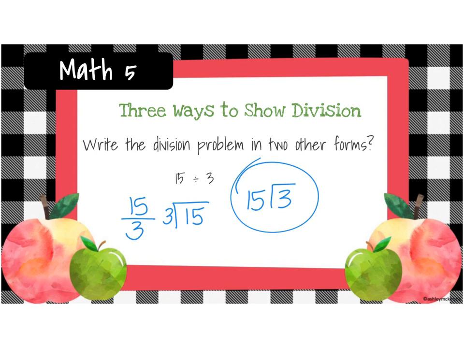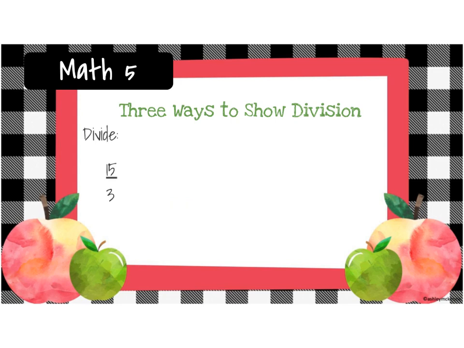This is the incorrect way to write that problem that's on your screen right now. You want to make sure that the 15 dividend is inside the division house when you actually go to set it up to solve it. Okay, we're actually going to solve this time. So we're going to divide 15 divided by 3 on your whiteboards. Hold them up when you got it.